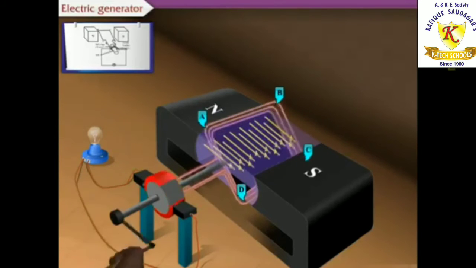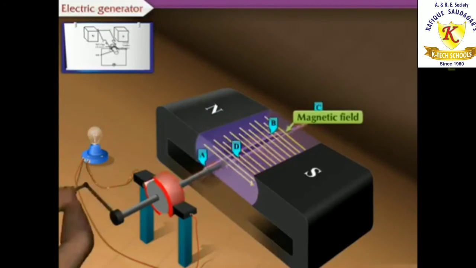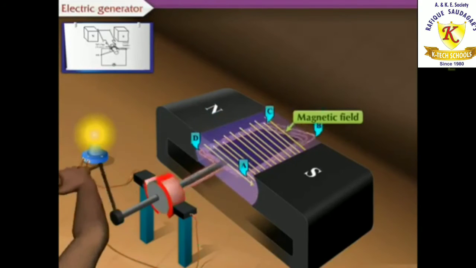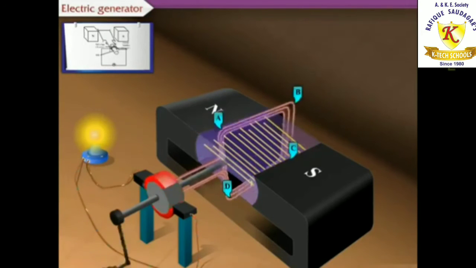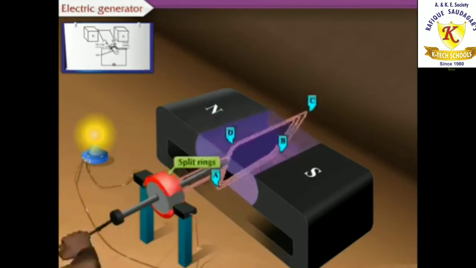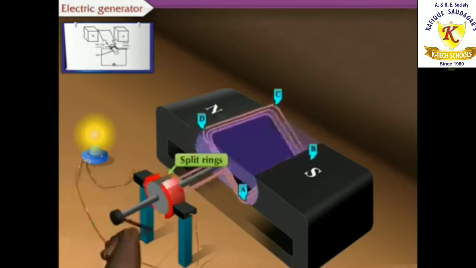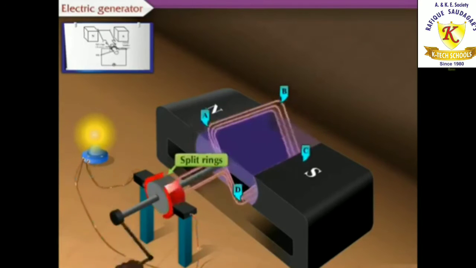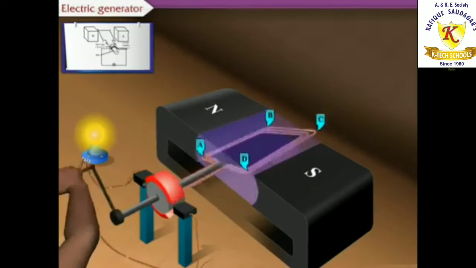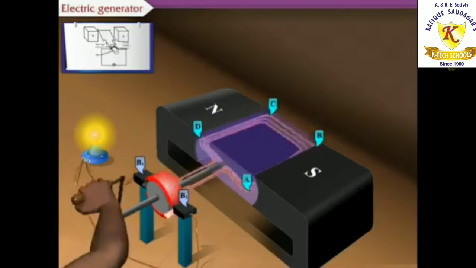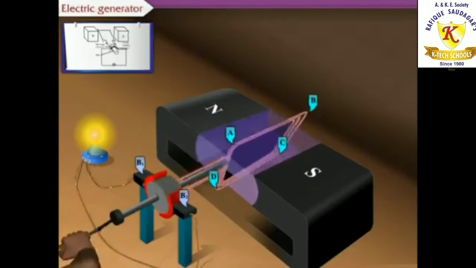When the coil rotates in the magnetic field, a current is induced in the coil. As the coil rotates, the split rings attached to the ends of the coil also rotate. The brushes B1 and B2 make electric contact with the split ring.